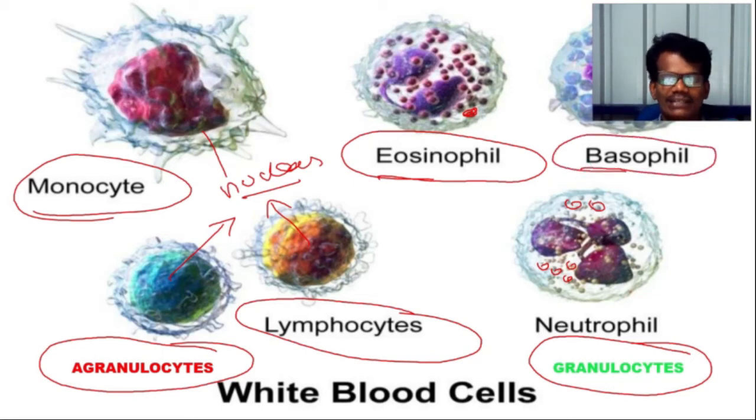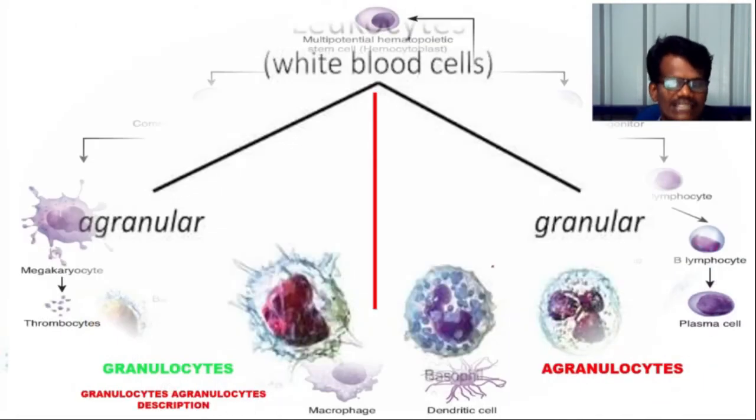Neutral dyes or stains are taken up by neutrophils. That's why they have been given the names eosinophil, basophil and neutrophil. You know, phil means love, philic. So they show love towards these colors. Agranulocytes don't take a specific color and the nucleus will take different stains.